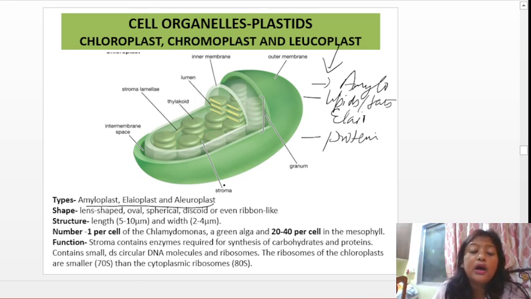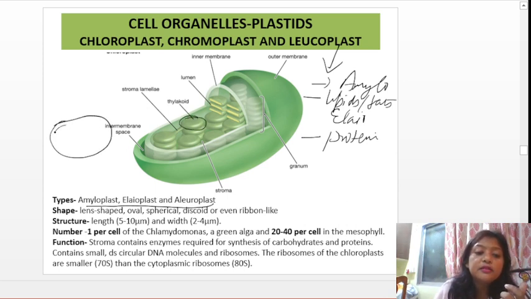Now, how does the plastid look? It's oval shaped, or you can also say discoid shaped. Now it's very important, see the structure. Here you can see the outer membrane is present and the inner membrane is present. Now you can see some coil-like structures stacked together. This is known as the thylakoid. There are two membranes present.